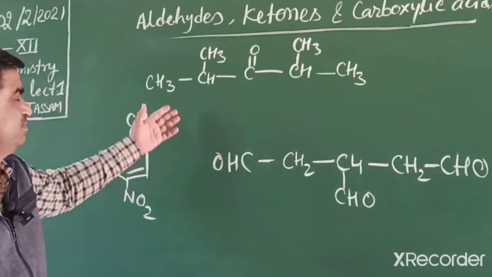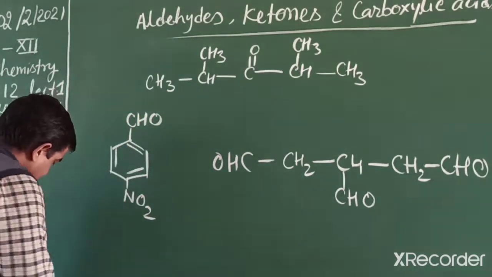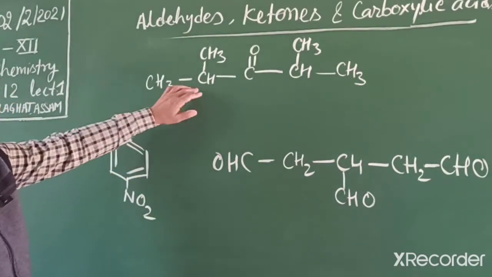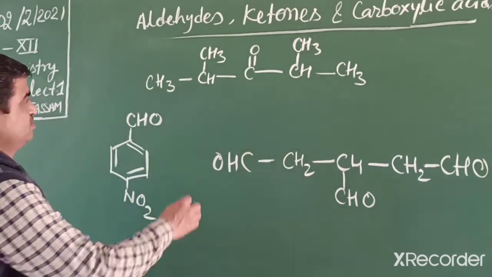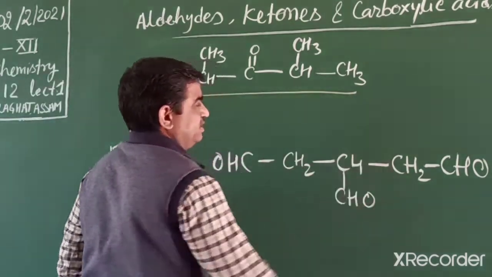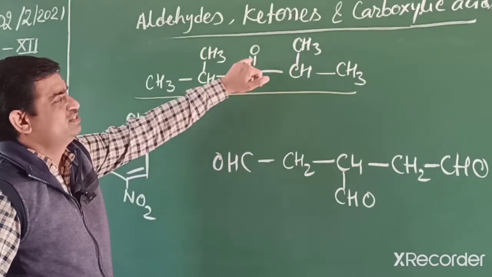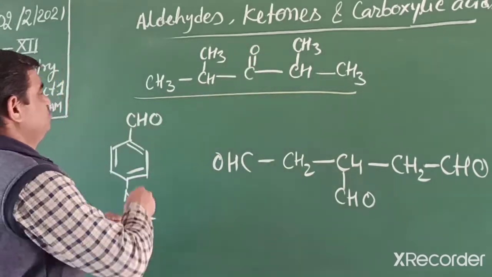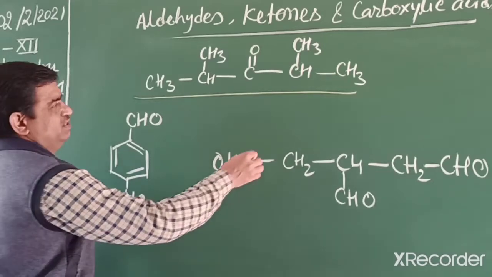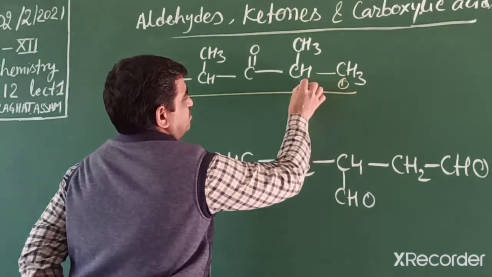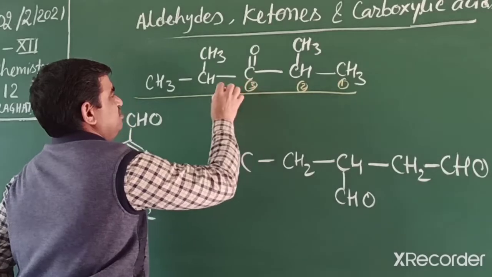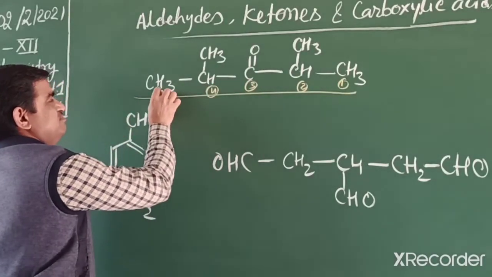Students, some more examples of such a type we will explain. In this first compound we have to identify the functional group again. The functional group clearly indicates that it is a ketone. You can start numbering from any carbon: 1, 2, 3, 4, 5.